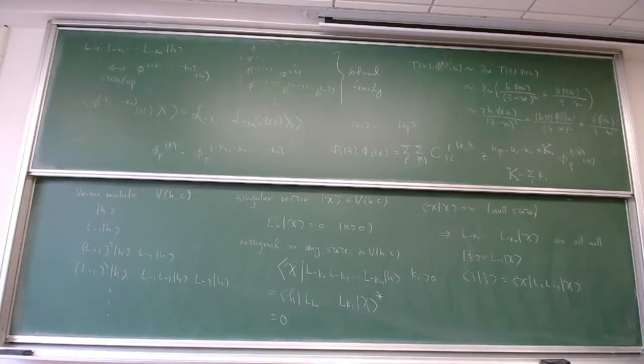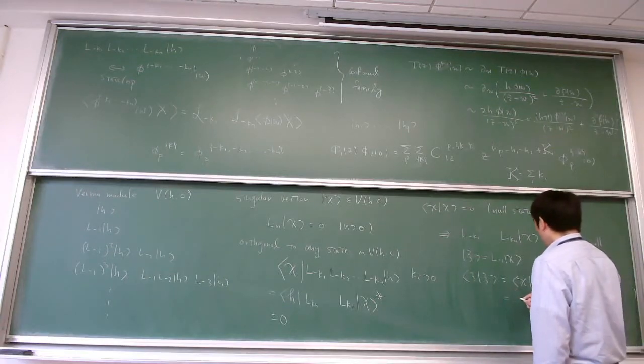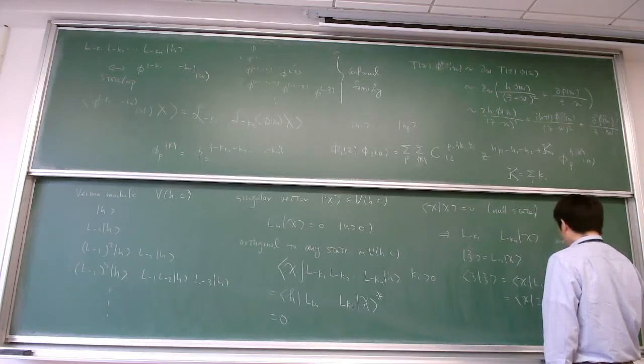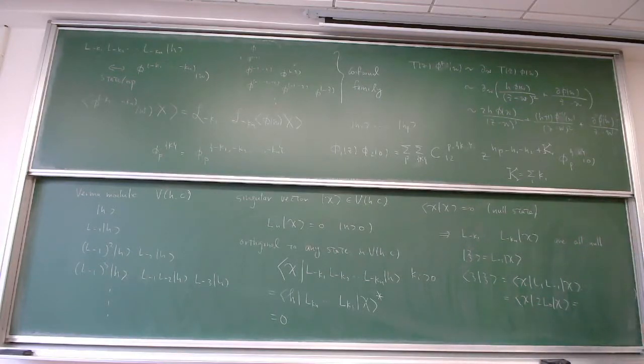Do you agree? And this is equal to chi, 2 times L_0, chi. Do you agree? And this is 2 times h plus some level n, times chi with chi, which is equal to 0. Okay? You understand?